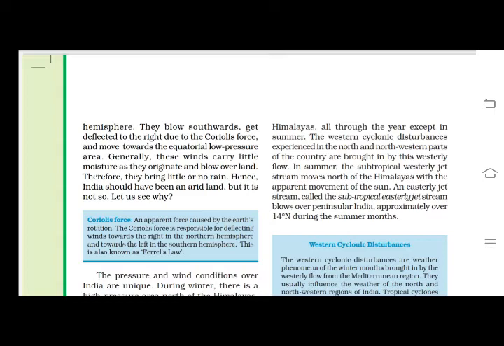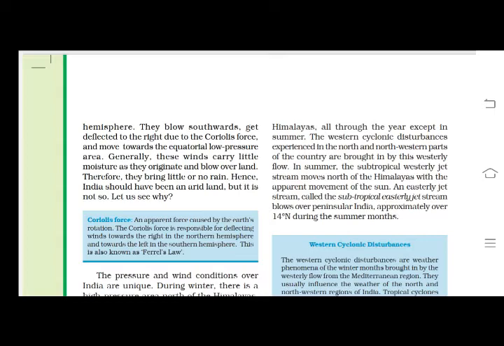In summer, the subtropical westerly jet stream moves north of the Himalayas with the apparent movement of the sun.